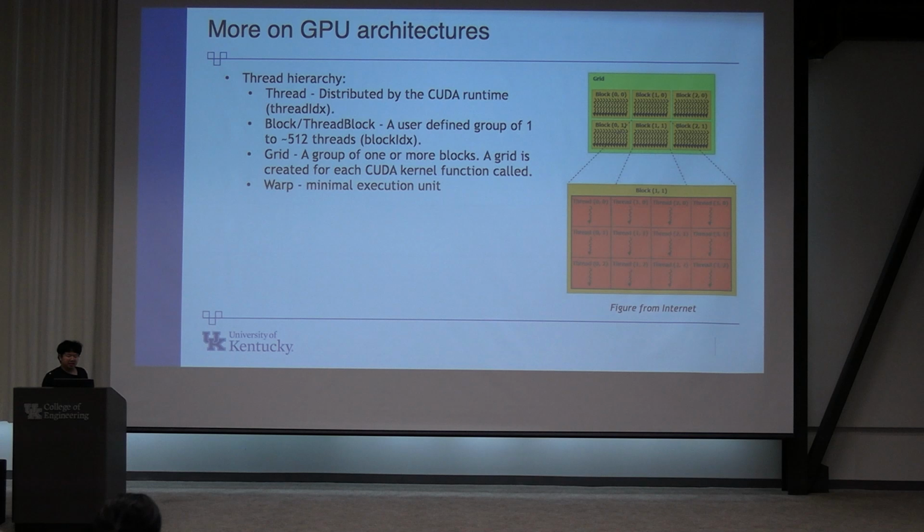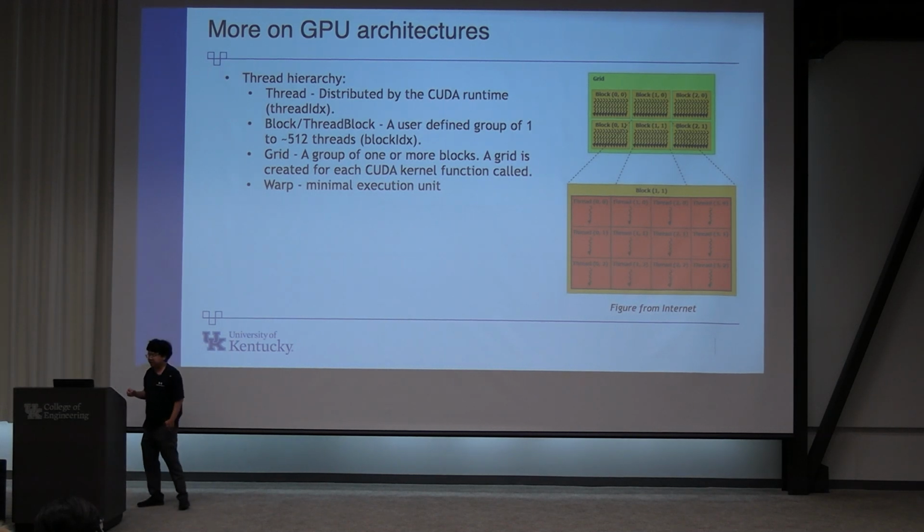A little bit more on the GPU architecture, so that we can better understand how to leverage GPUs to accelerate our task. Basically, GPUs have a thread hierarchy as noted in the figure. The minimal unit of a GPU is a thread. Each thread will handle a piece of the data and the corresponding instruction.